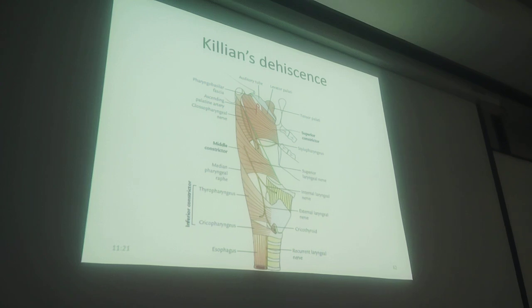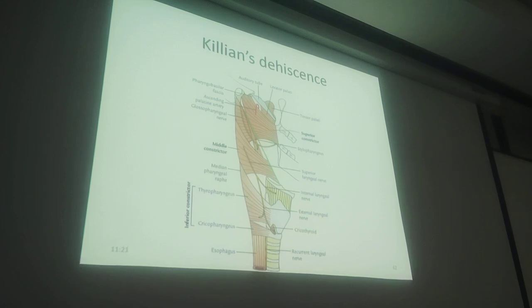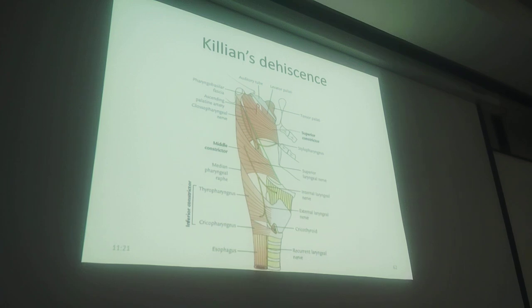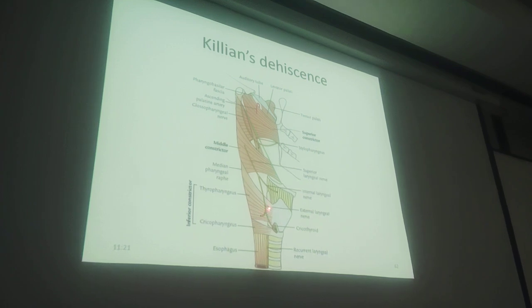The upper part of the middle constrictor overlaps the lower part of the superior constrictor. The upper part of the inferior constrictor overlaps the lower part of the middle constrictor. But the middle part of the inferior constrictor, the thyropharyngeus part, is not overlapped by any structure.